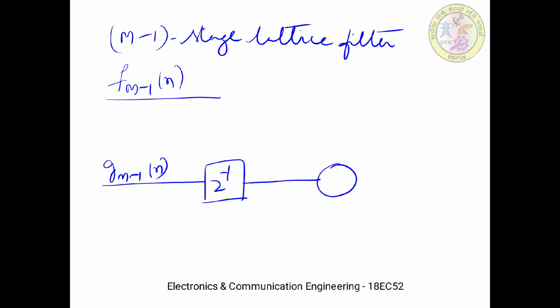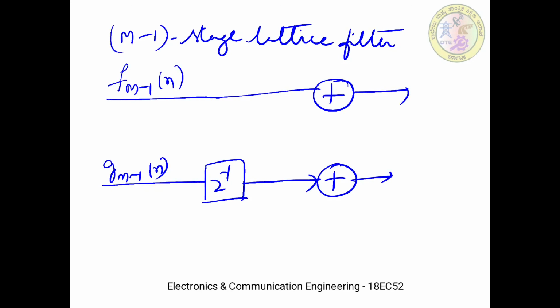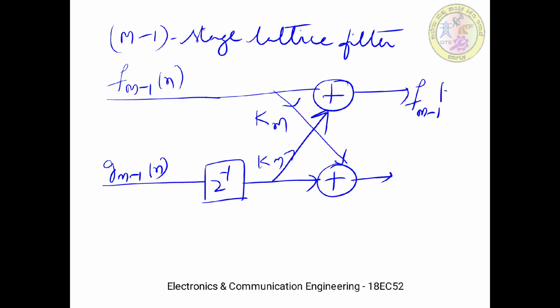After the delay, they are added with the reflection coefficients, which are k m here and k m here. The output will be f m minus 1 of n, which is nothing but y of n itself, and here this is g m minus 1. So this is the m minus 1 stage lattice filter structure.